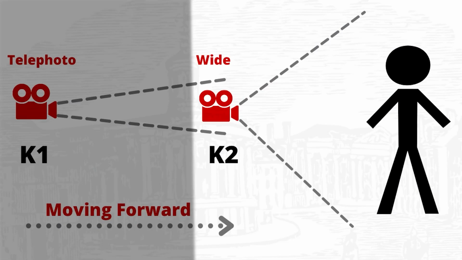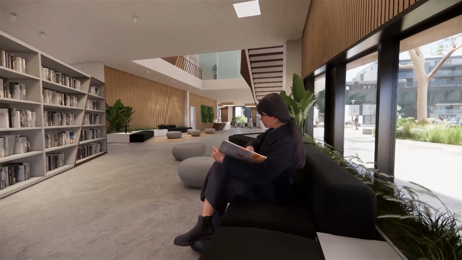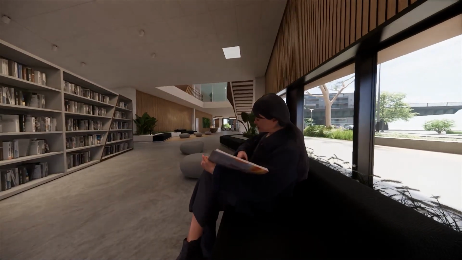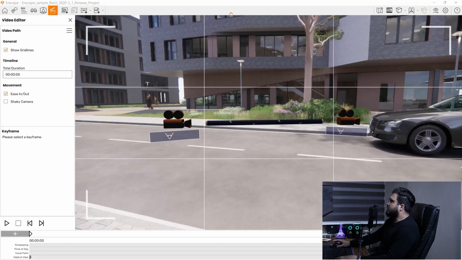But in the second keyframe and in the second shot, we are nearer to the subject and the lens is much wider. It is the dolly in, and we have the opposite of this in dolly out, so it's not that hard to understand. So the movement and the change in the lens need to be at the same time, and they need to be smooth. So that's the point in here, and let's create them in Enscape.